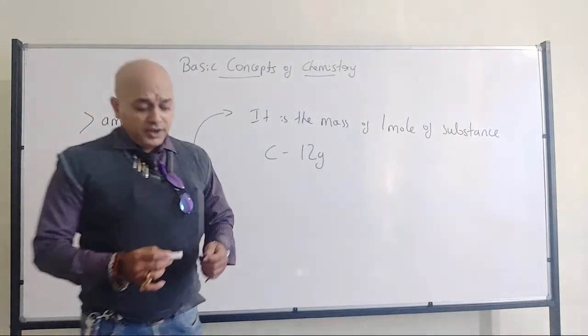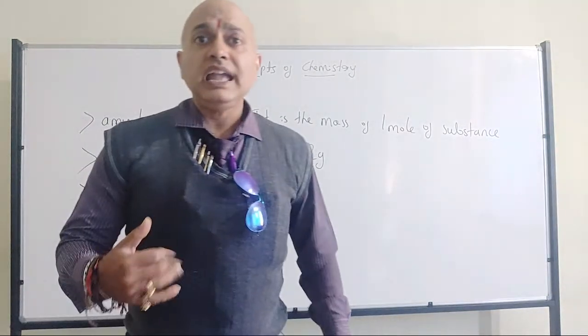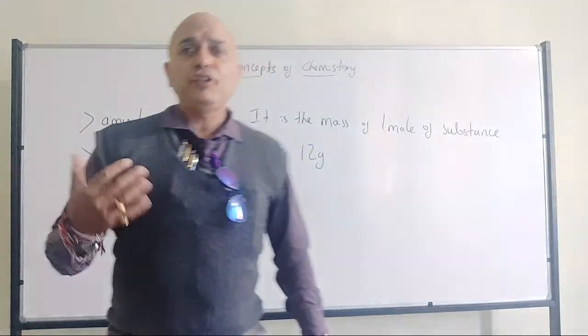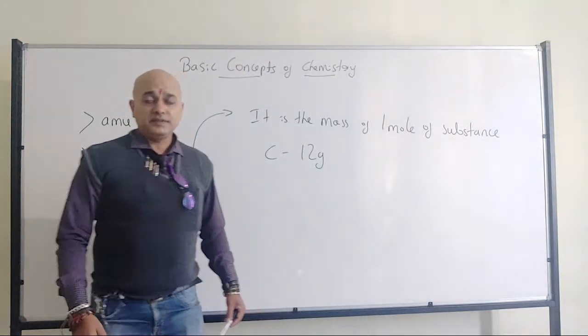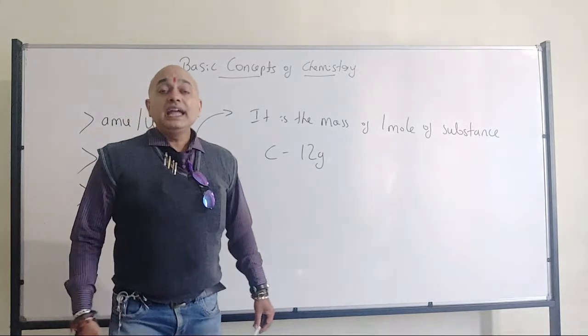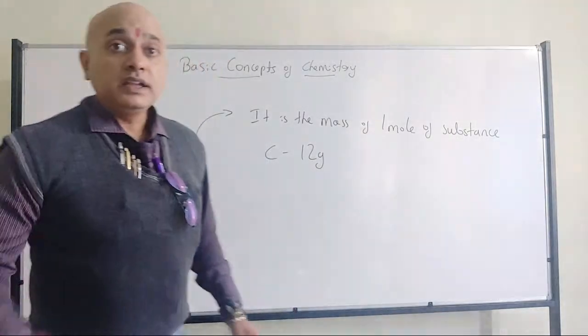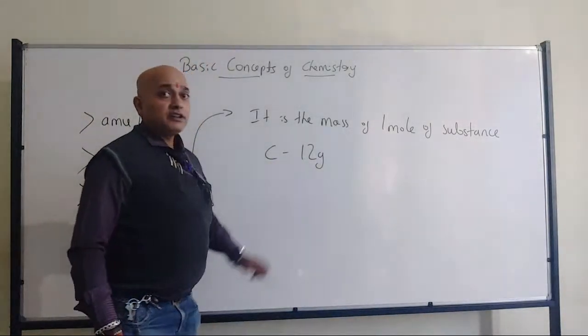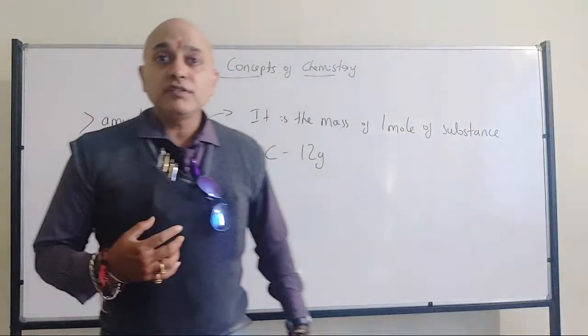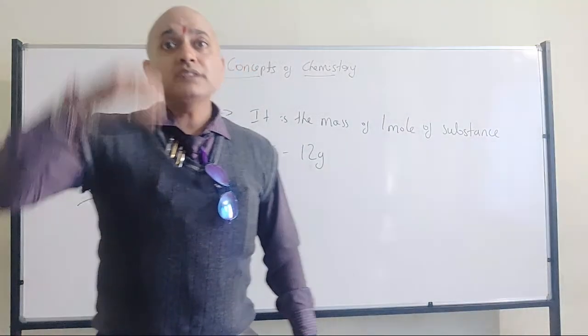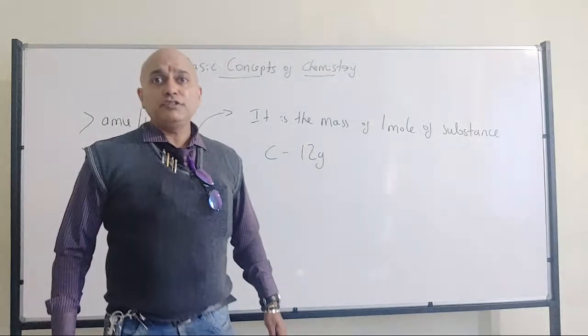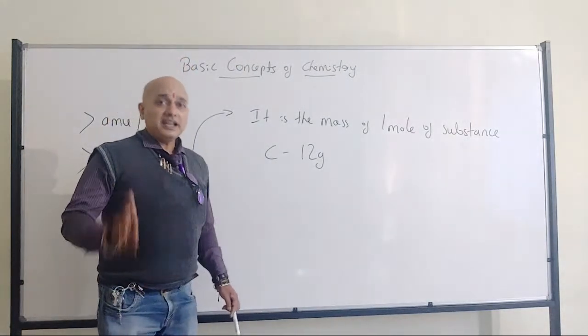Otherwise, our body is made up of n number of carbon. If each carbon started weighing 12 gram, the total mass of Raghavendra sir would have been the mass of the universe or more than that. Unimaginable.